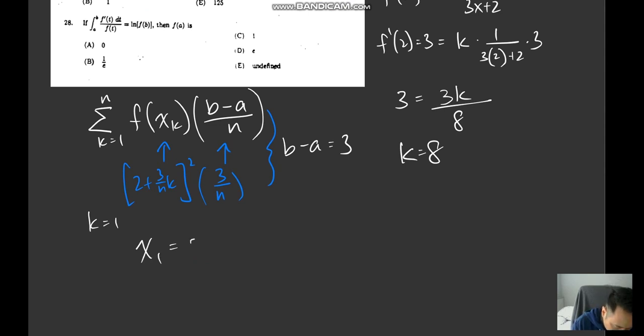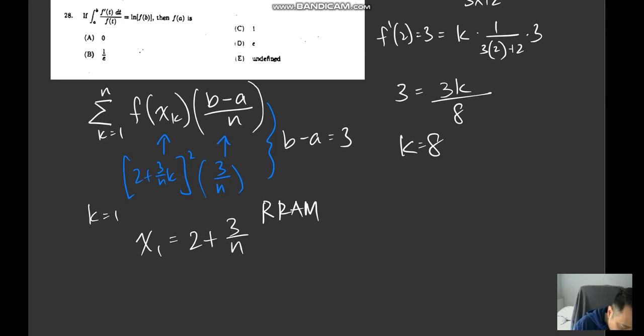That's going to be 2 plus 3 over n. So it looks like they're starting with 2 and adding 3 over n to it. So this must be a right Riemann sum, or right rectangle approximation method. We can call it a right-hand sum.